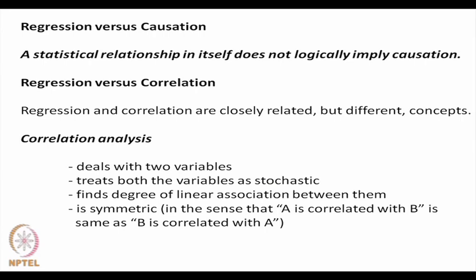It is also symmetric in the sense that if A is correlated with B, then B is correlated with A. So, in that sense it is symmetric. Therefore, a correlation is always between two variables and it is symmetric, and this is usually discussed in the context of linear association between two variables.